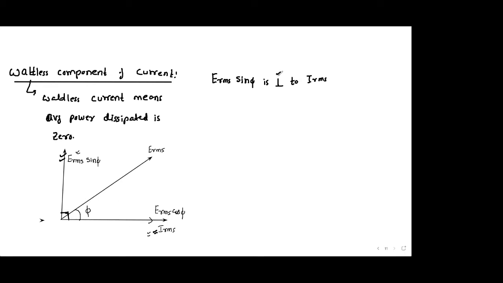They are perpendicular. So if you want to calculate average power due to this ERMS sin phi, then this average power comes out to be ERMS sin phi multiplied by IRMS multiplied by cos 90. This is how we calculate average power: ERMS, IRMS, cos 90.